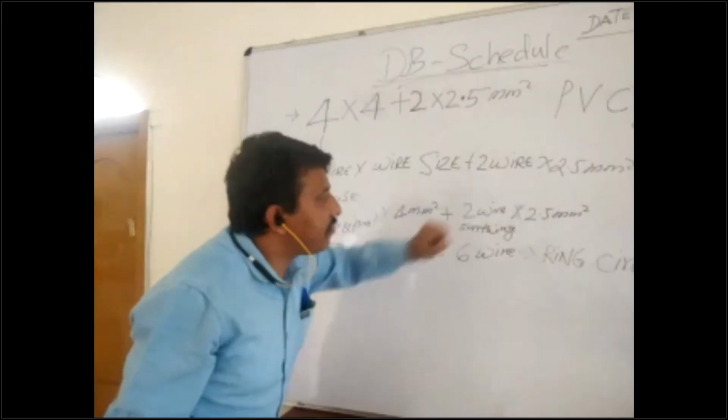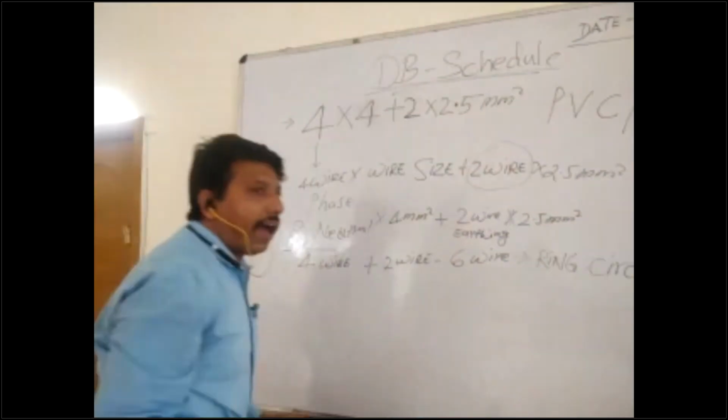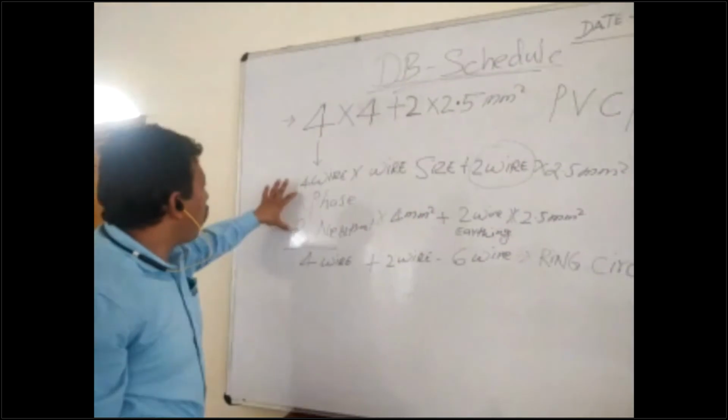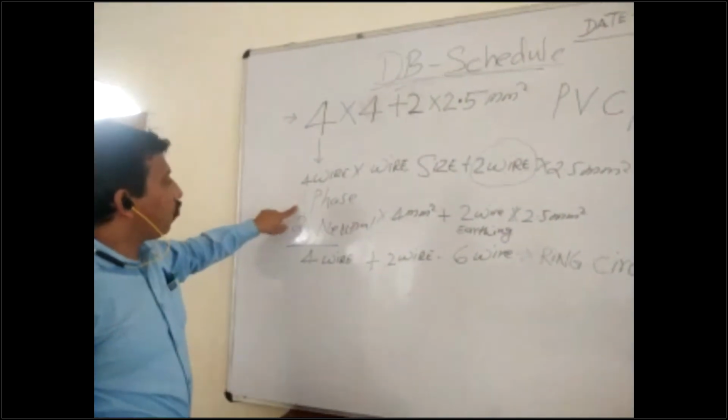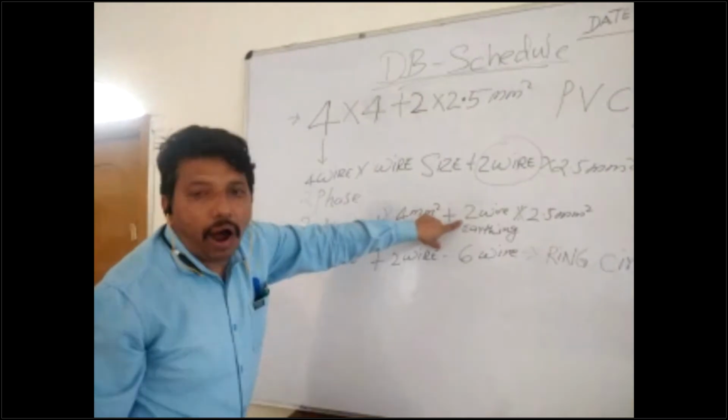Plus 2 wires means this is the earthing wire. So 4 wires, 2 phase, 2 neutral, and plus these 2 wires are earthing.